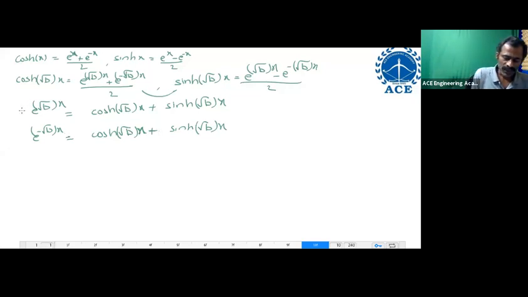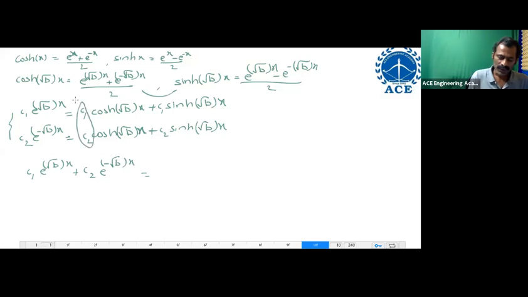And if we multiply the first one on both sides by C1, and the second by C2, and add these two on corresponding sides, we get C1 e power root b x plus C2 e power minus root b x on the left hand side. On the right hand side, C1 and C2 are common: (C1 plus C2) cosh plus (C1 minus C2) sinh.